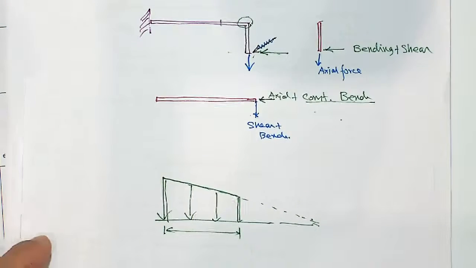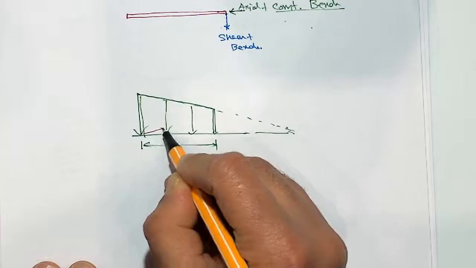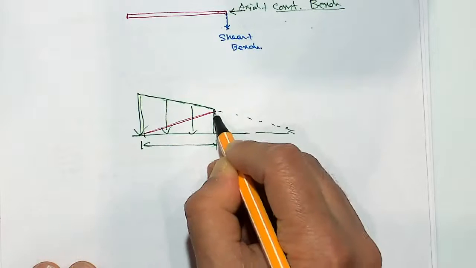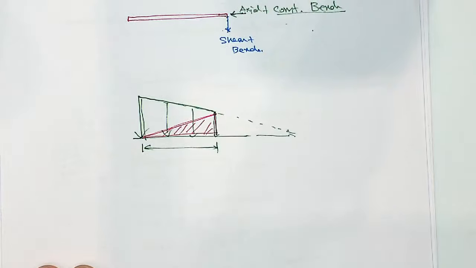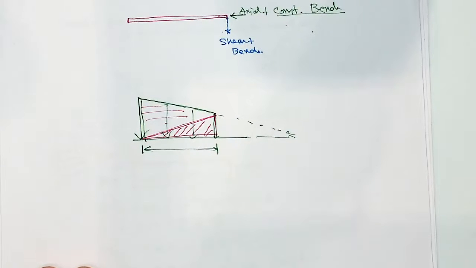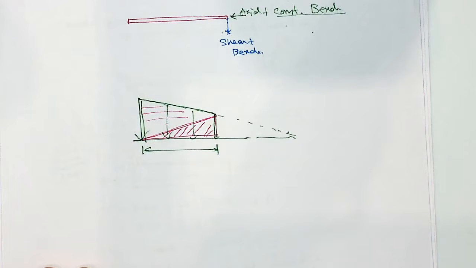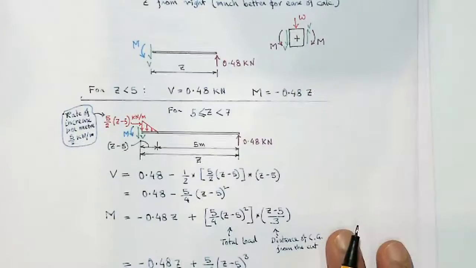You want to find out where its centroid is. What I will say is you divide it into two triangles, one triangle that and one triangle this, and that would make life easier. But I didn't do that in this case.